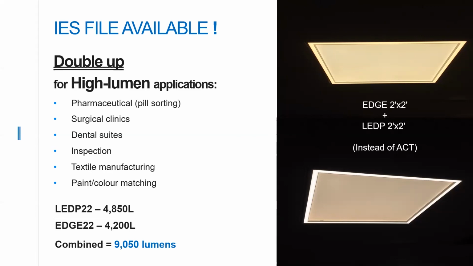Very difficult to achieve with conventional troffers or with conventional lighting. This gives you the opportunity to deliver 9,000 lumens out of a 2x2 grid space. So very, very good efficacy for higher ceiling applications or industries that require higher lumens. And this was specifically for a pharmaceutical application where they needed 88 foot candles, and they wound up using 2x4s with a little over 11,000 lumens.